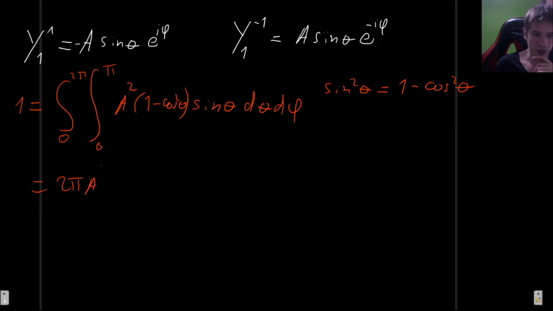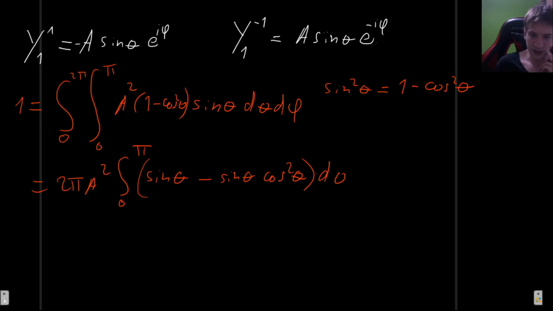We can write the a squared outside. Integral from 0 to pi. And now we're going to get two parts. So first 1 times sine theta. So it's just sine theta. And then we have minus, and take a look at this, sine theta cosine squared theta, and all of this d theta.